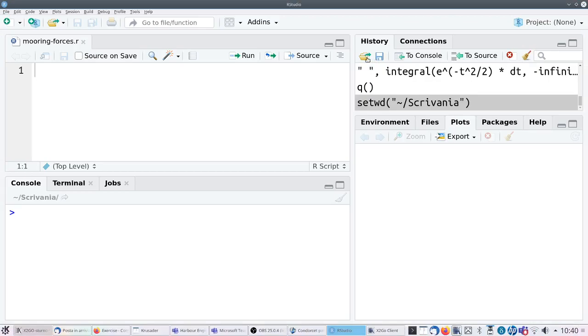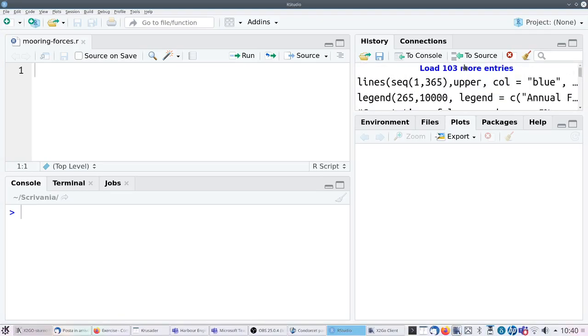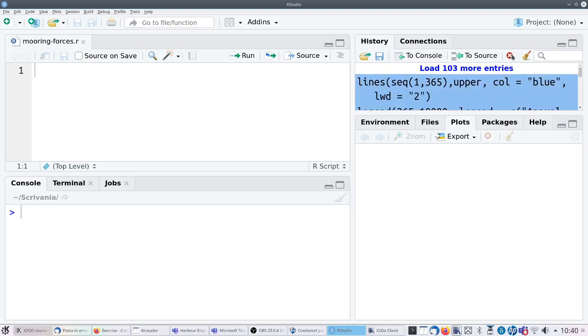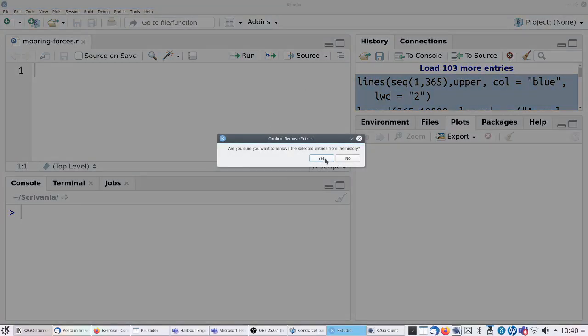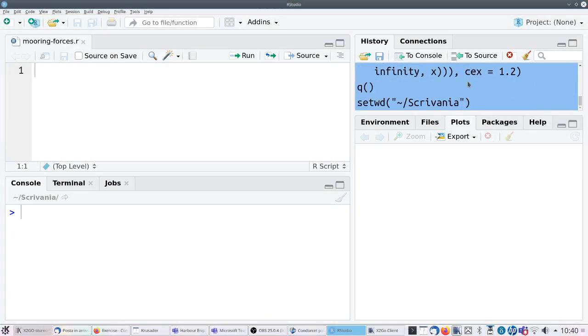I don't remember how I should do it. Let me see. Okay, I think I just have to select everything and then click on the red cross.